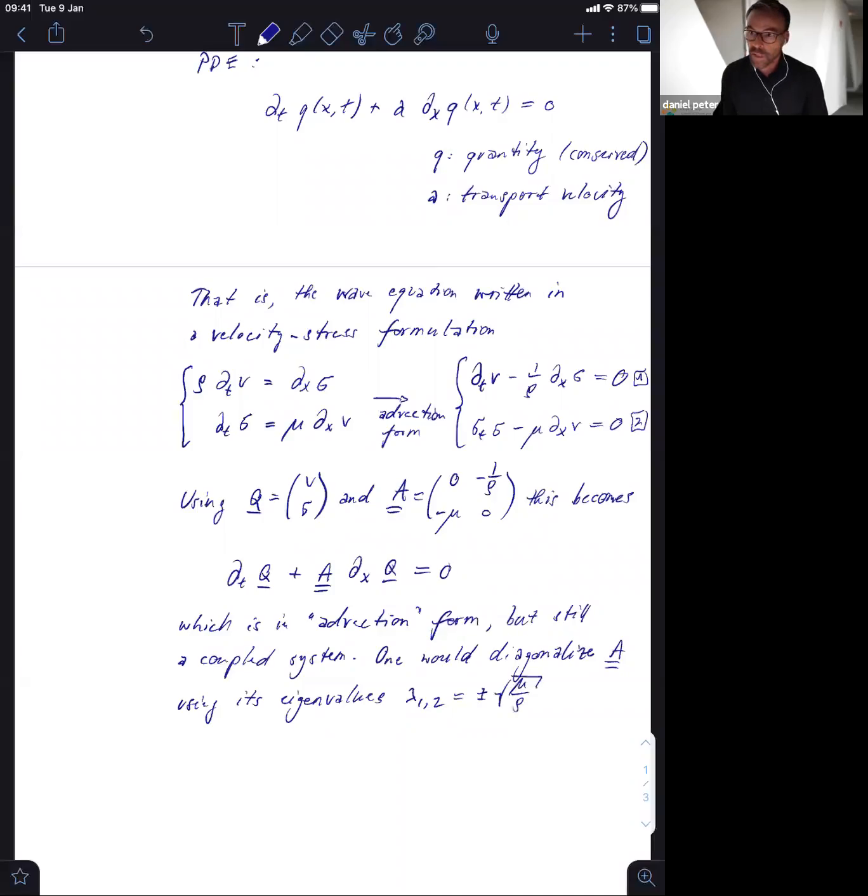Those would be the two eigenvalues of that matrix A. And then you would take the associated eigenvectors to decouple the system, before applying the finite volume discretization.